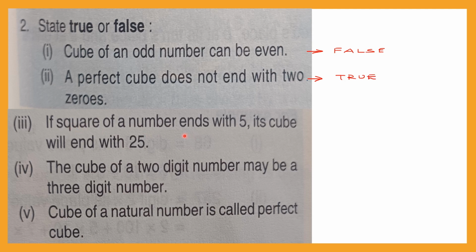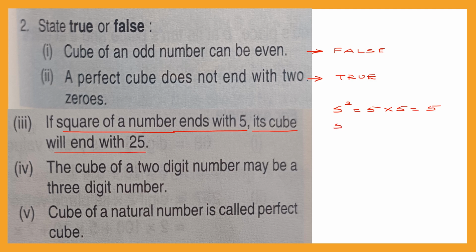Next one. If square of a number ends with 5, its cube will end with 25. Now let's take some examples to understand that. It says square of a number. So let's take a number whose square ends in 5. That is 5. Take the square of this number, 5 into 5. It's ending with 5. Now it's saying its cube will end with 25.